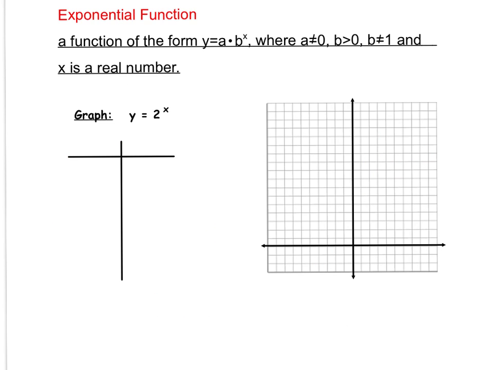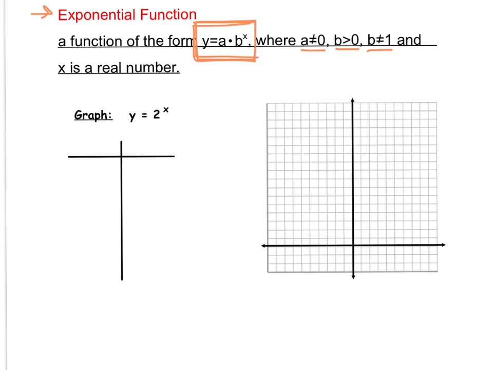So to begin, we need to talk about what an exponential function is. Well, an exponential function has the form y equals a times b to the x. It says a cannot be 0, b has to be greater than 0, and b cannot equal 1.